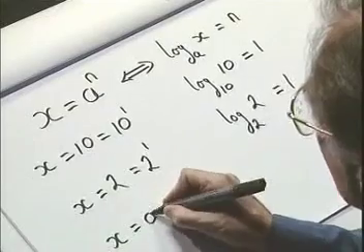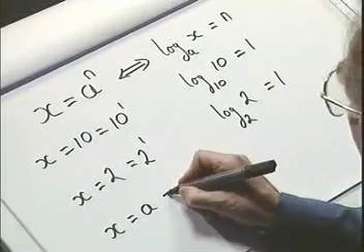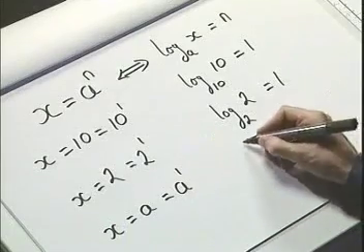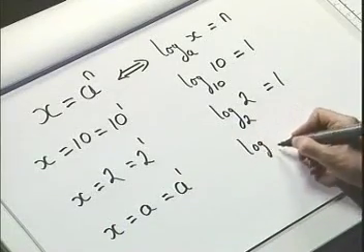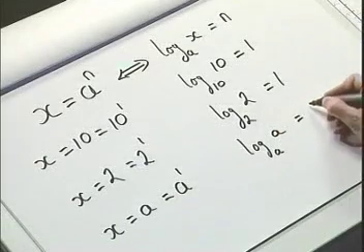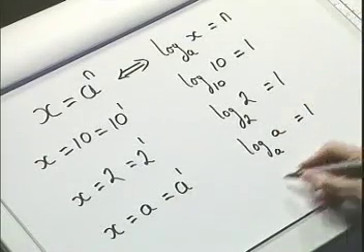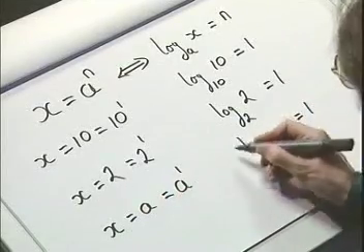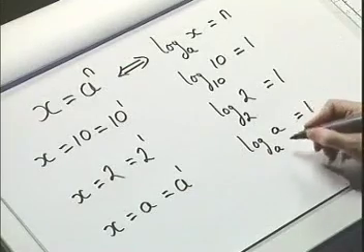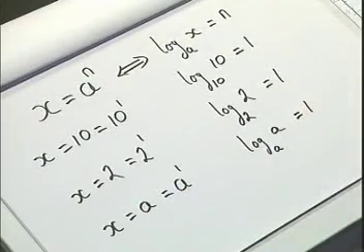If x were equal to a, then we know that we can write that as a to the power 1. And so the log to base a of a is therefore 1. And this gives us a general rule that works for any of our base numbers a.